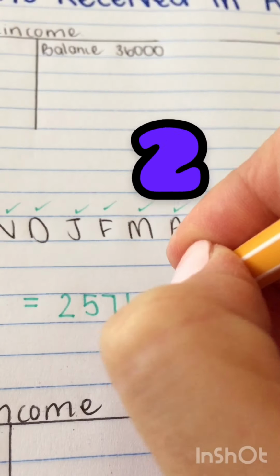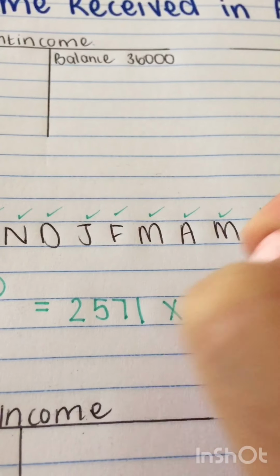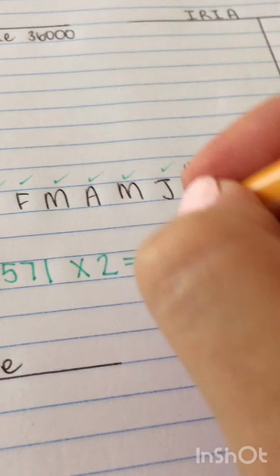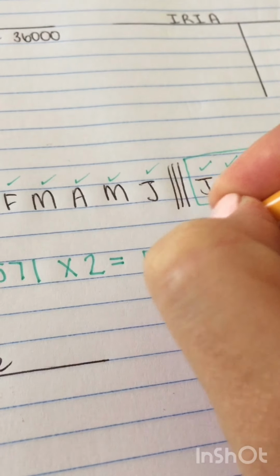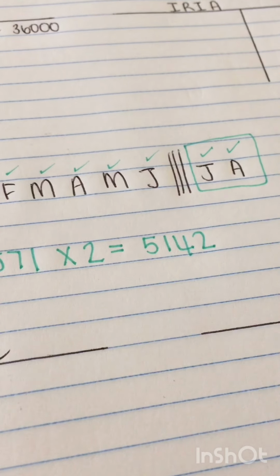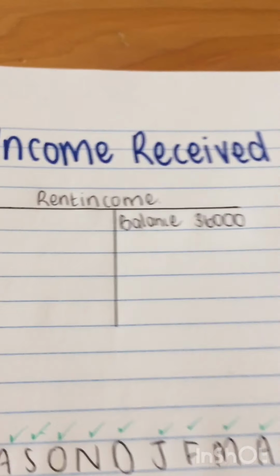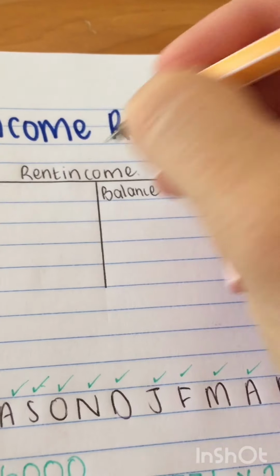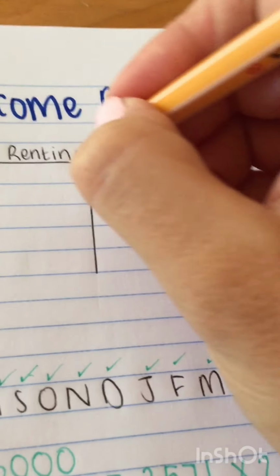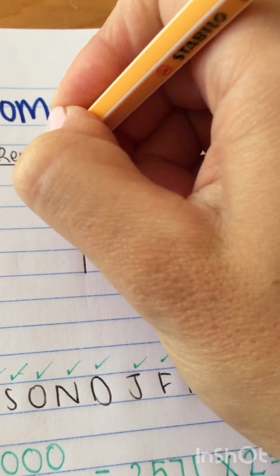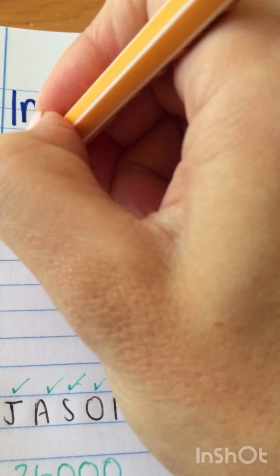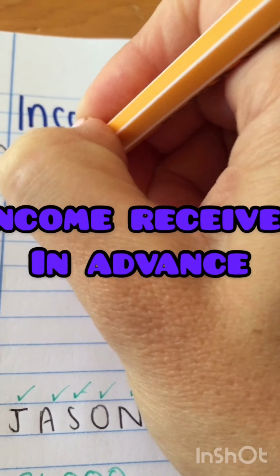Therefore, I am going to multiply that with 2, and that will give me the total amount, 5,142, that I do not want in my books. What am I going to do with it? I need to cancel it out on the debit side. So I'm going to write there 5,142, and that is my income received in advance.